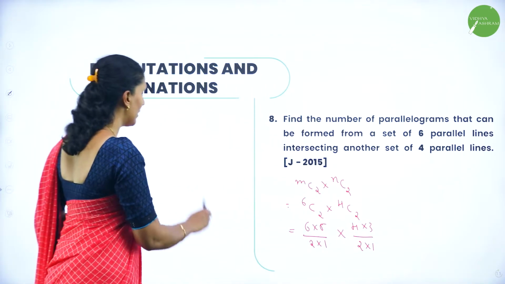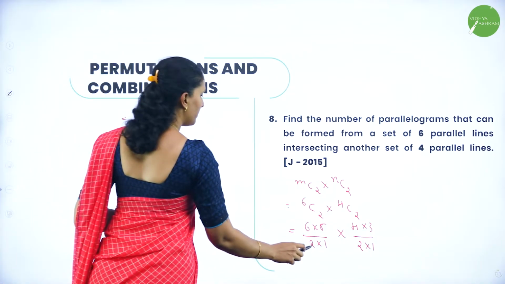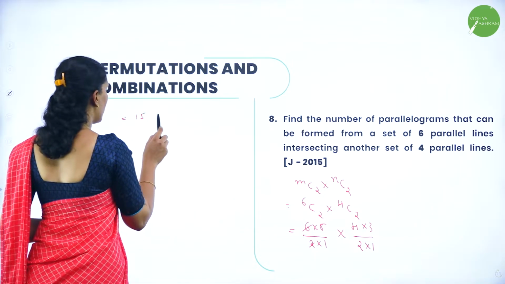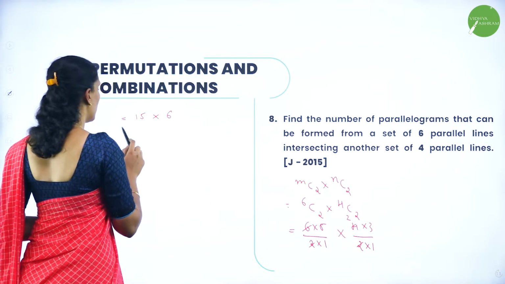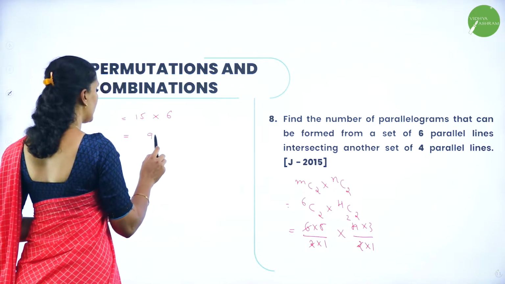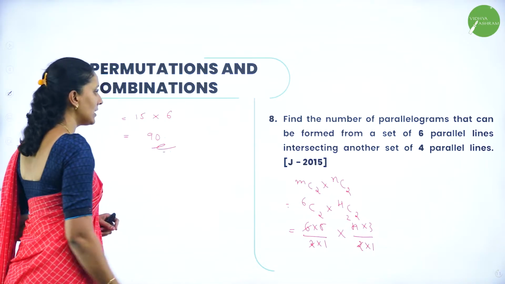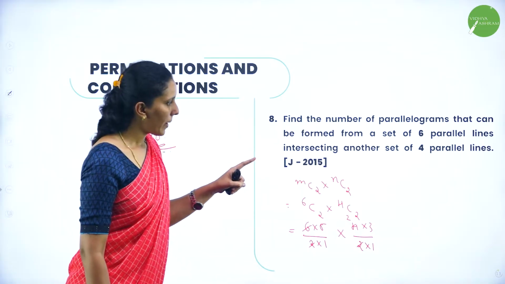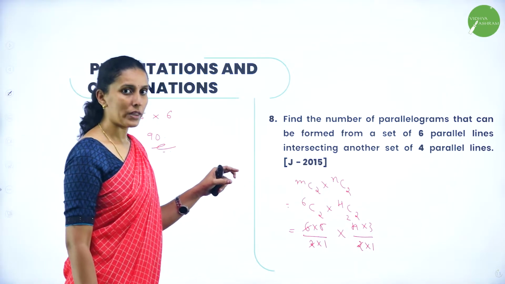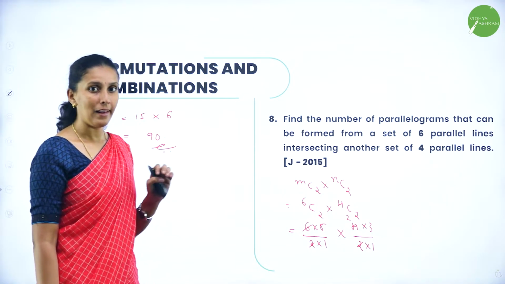On cancelling, we will get 15 into 6, so we will get 90. Therefore 90 parallelograms can be formed using 6 parallel lines intersecting with another set of 4 parallel lines.